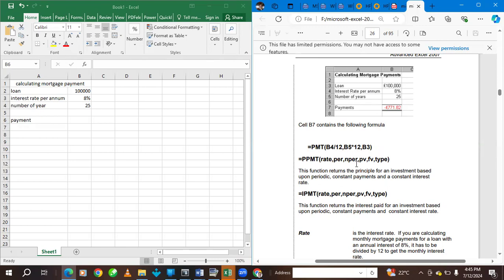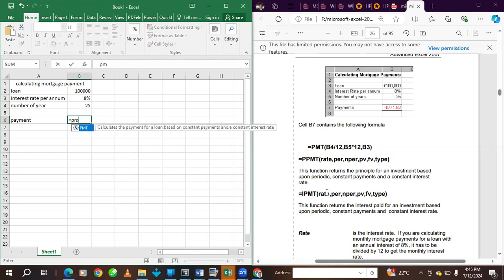To work out this formula, you need to change the interest given per annum to monthly, and also change the number of years to months, so that you can apply it to the loan that is given. So when I calculate here, I click under payment and type equal to PMT.